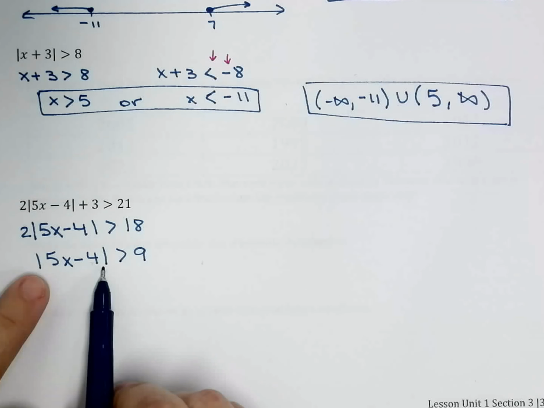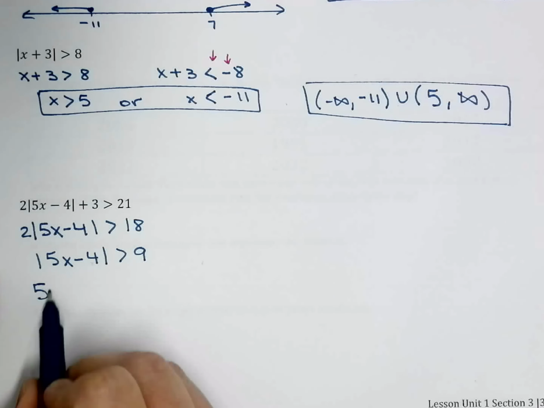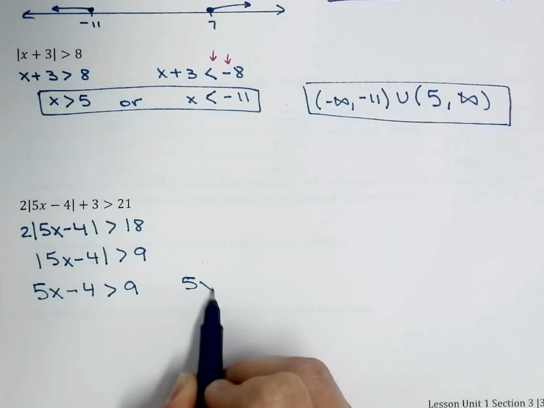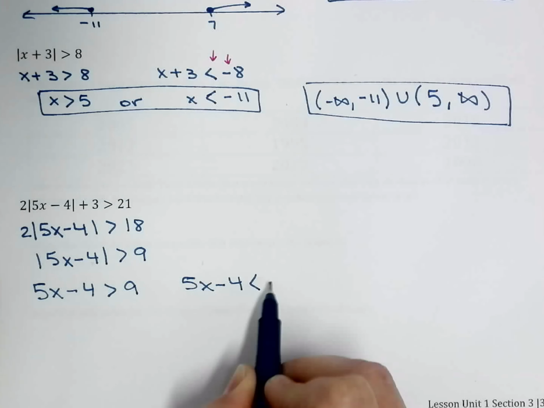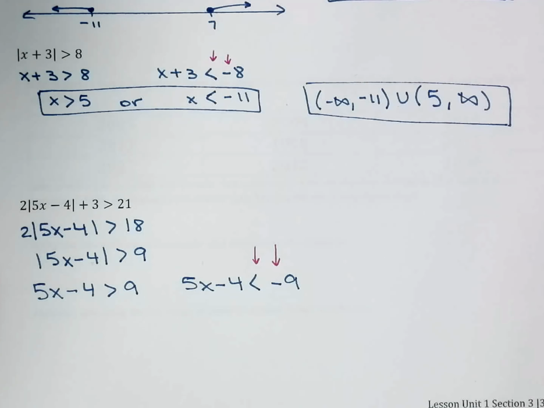Now the only thing you have here is the absolute value. So now you're going to split that up into linear inequalities. Just remember when that happens, you have to switch both.